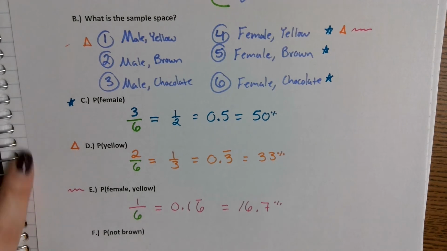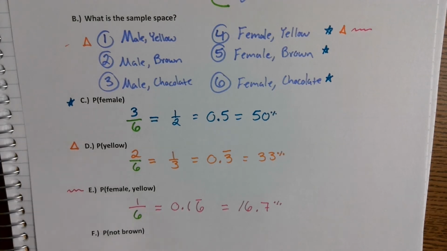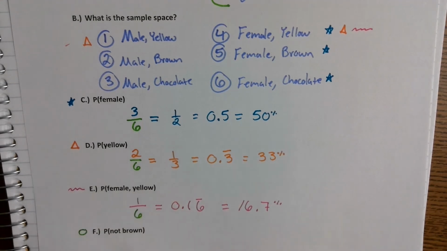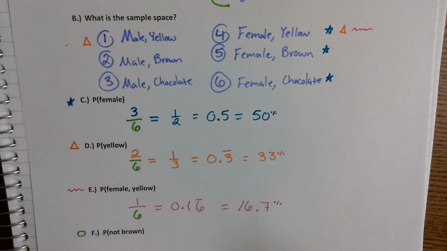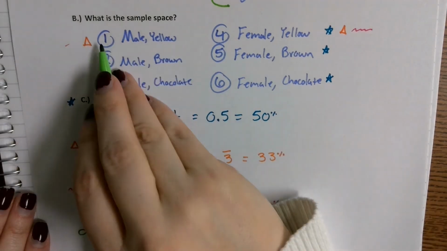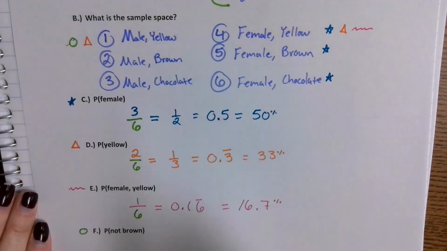And then the last question, not brown. I'm going to go ahead and put a green circle next to it. So which of these options are not brown, Craig? There's 4 out of 6, right? Option 1 does not have a brown.